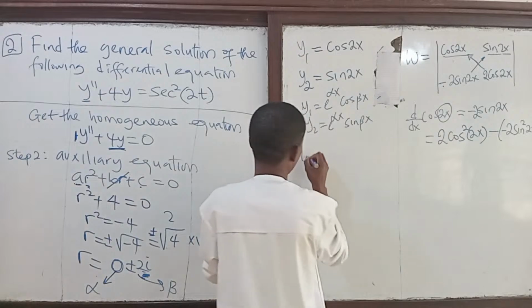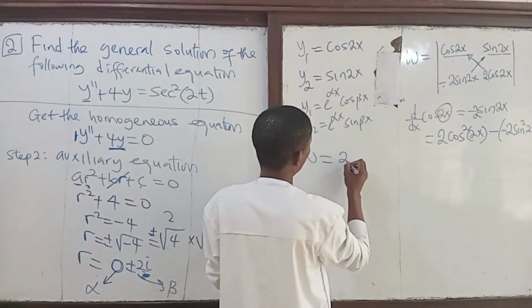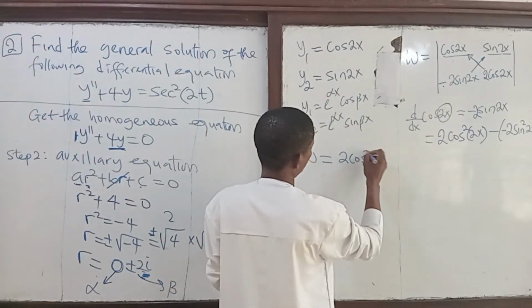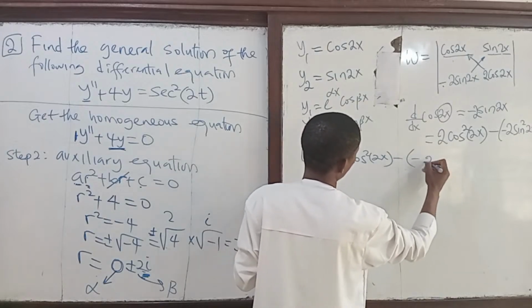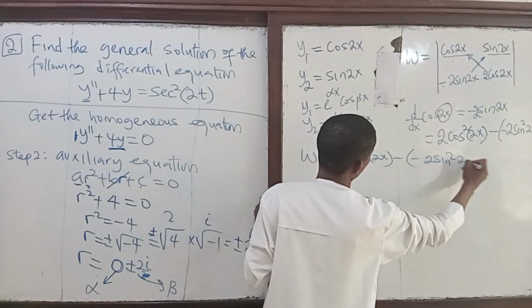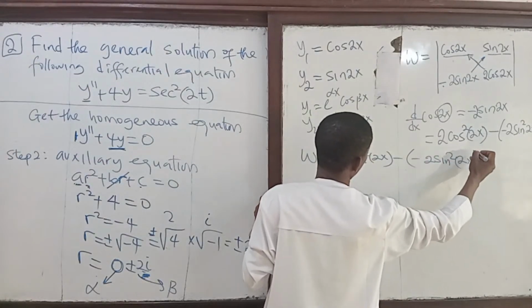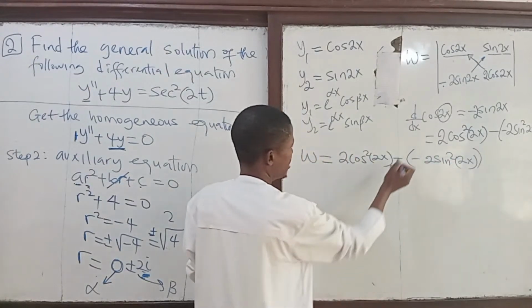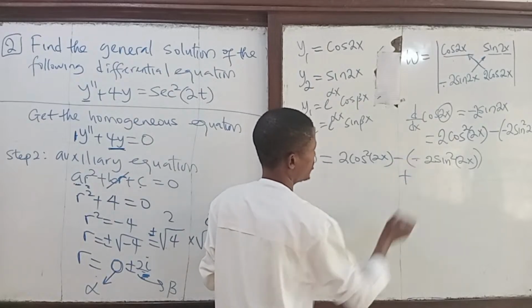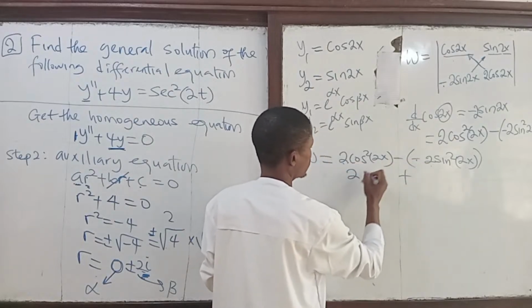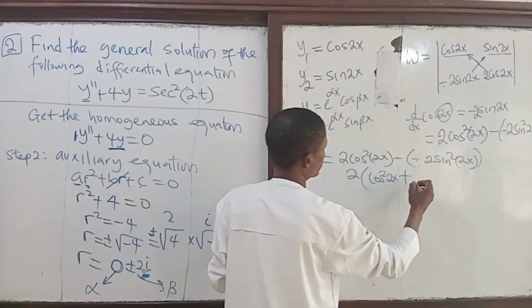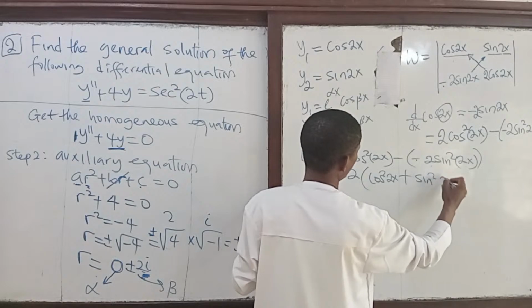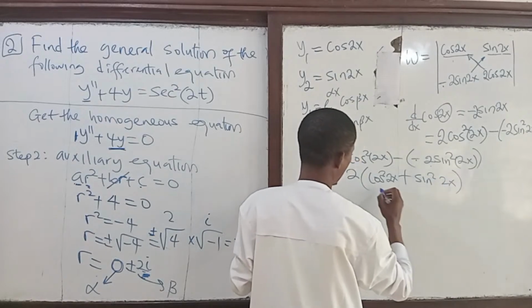So the Wronskian is equal to 2 cos squared 2x plus 2 sine squared 2x. The 2 is here and the 2 is here, so take it out and open a bracket. We have cos squared 2x plus sine squared 2x.